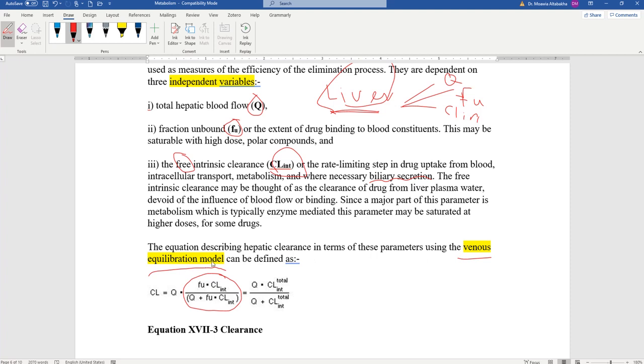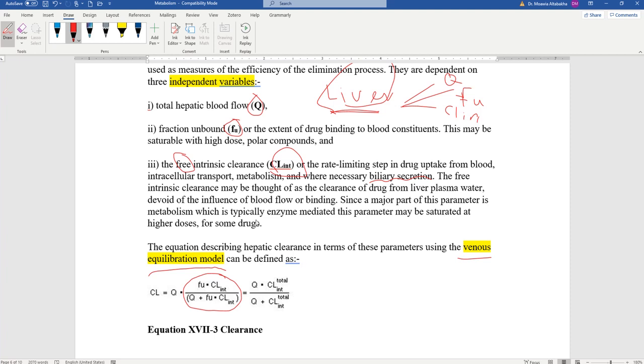It can be applied to any isolated organ. Why are we saying isolated organ? Because we don't want to think of any other factors influencing the clearance of this organ.